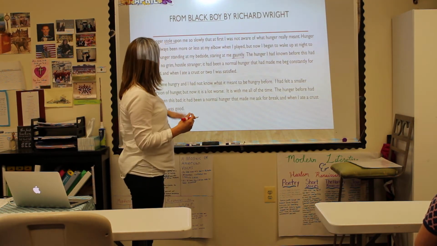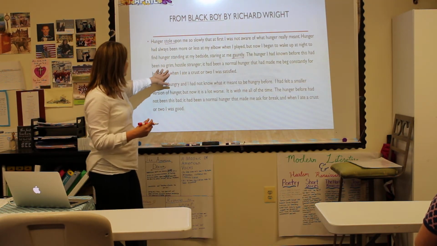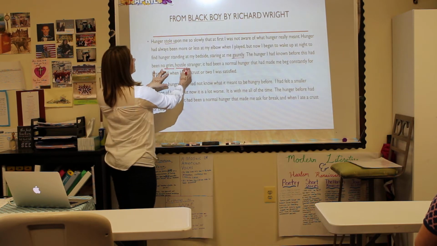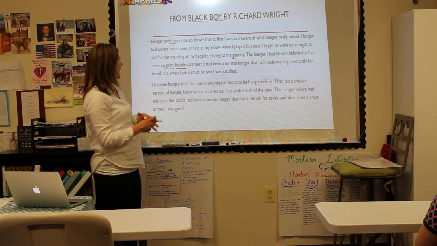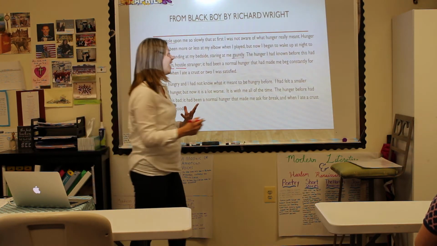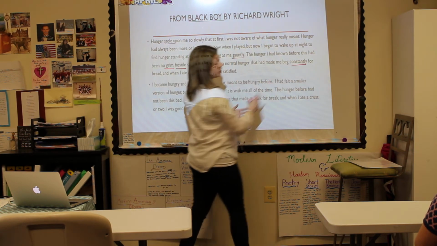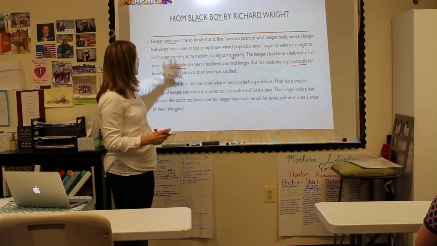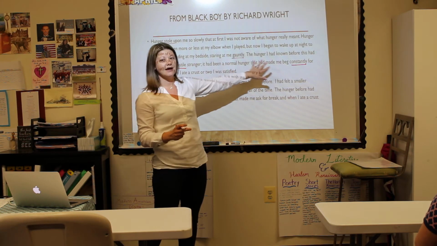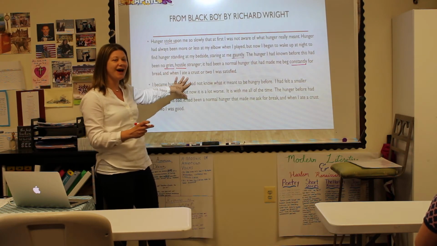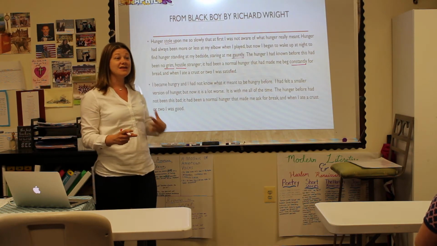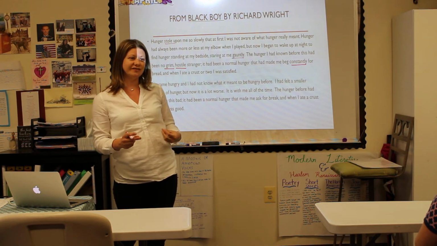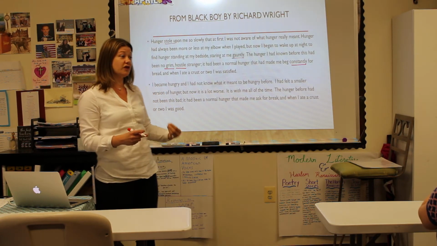And then we go to, it was no grim, hostile stranger. And then begged constantly. It's always there. We look at these words and we say stole, gauntly, constantly, grim and hostile. And we get a negative feeling here, and we understand the extent to which Richard is hungry.